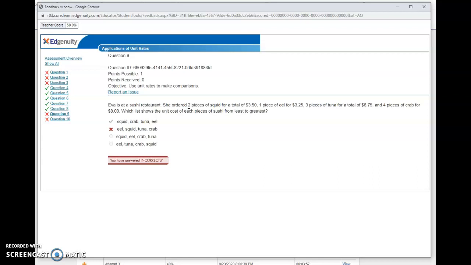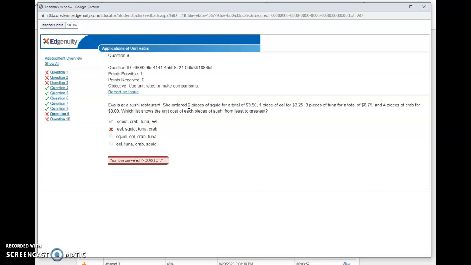1 piece of eel, so they were nice there and already gave it to us, so eel is $3.25. 3 pieces of tuna for $6.75, so for each 1 piece of tuna, $6.75 divided by 3 is $2.25. And 4 pieces of crab for $8, so $8 divided by 4 is $2 even.